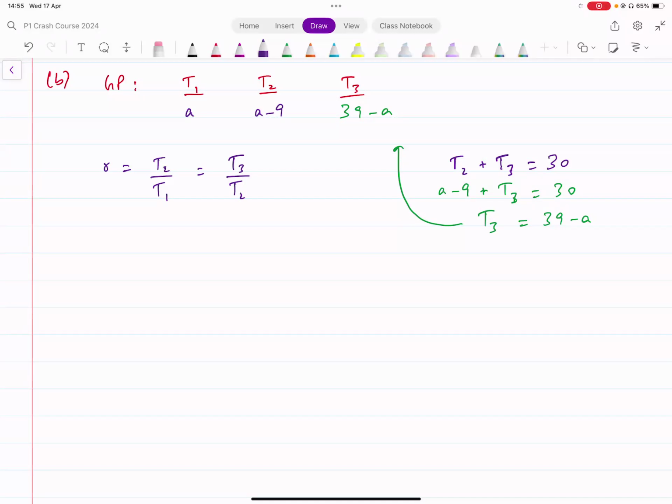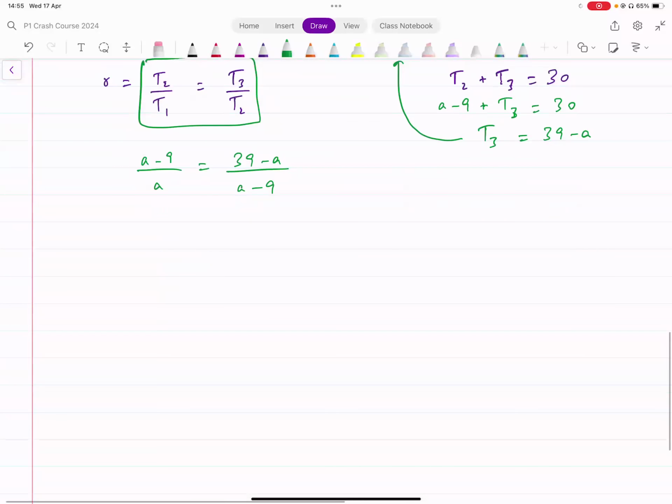That gives us an equation: (A minus 9) over A should equal (39 minus A) divided by (A minus 9). It's going to be a quadratic equation. We can solve this and find the value of A.